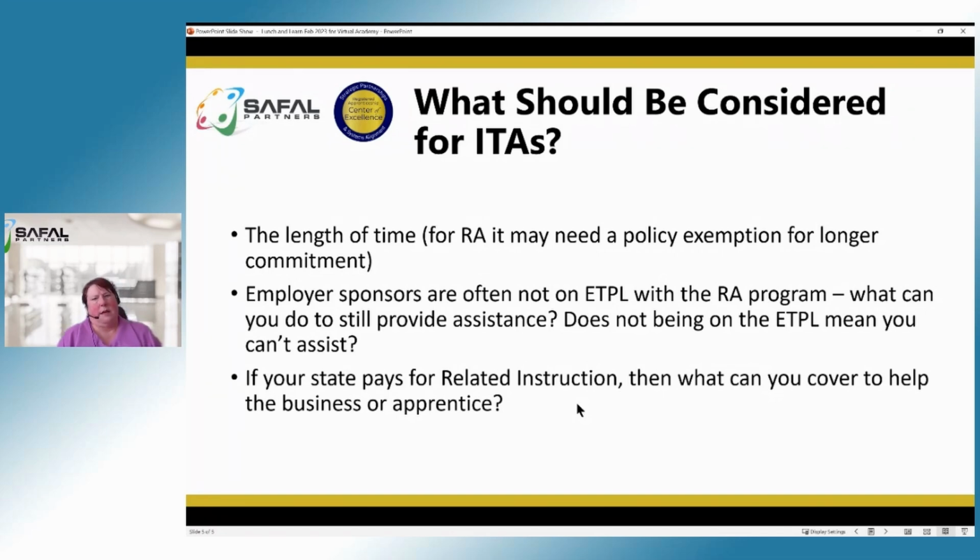Can you still provide assistance to the apprentice who's, again, eligible? What do you think? If the employer is not on the ETPL with their registered apprenticeship program, can you still help?